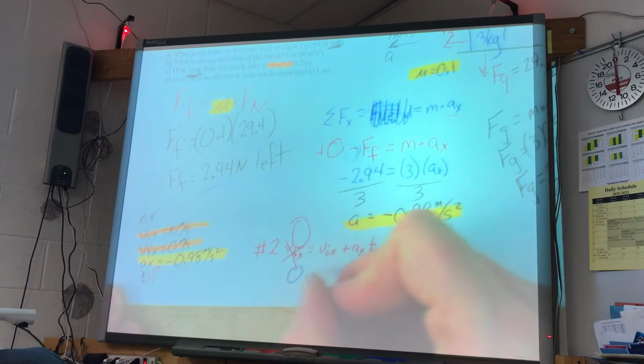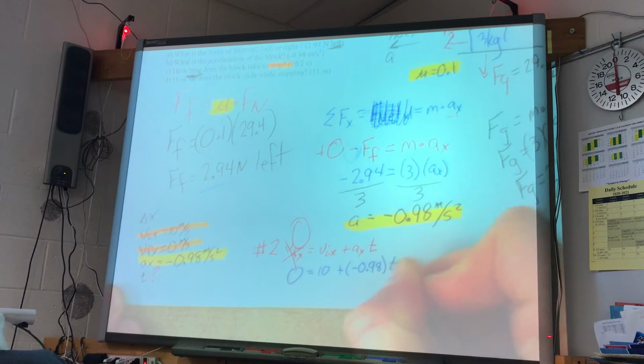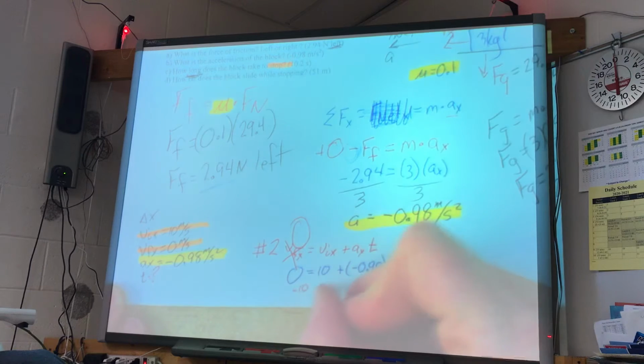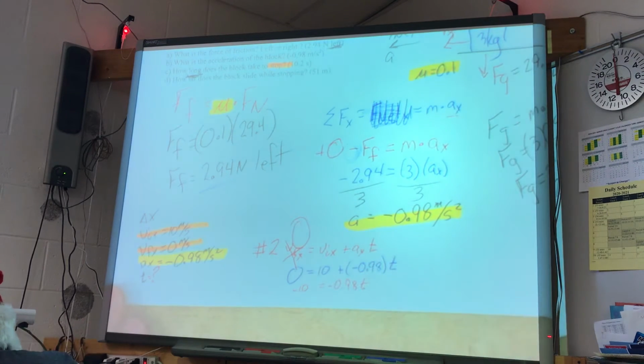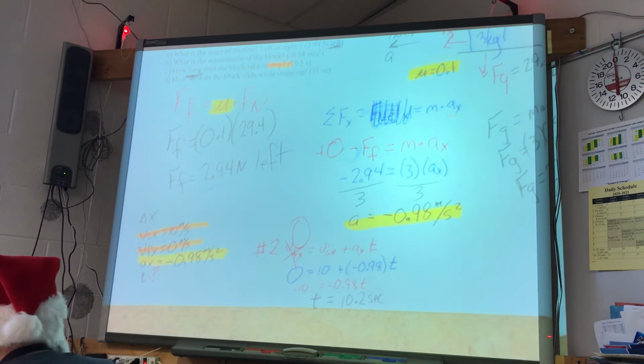Final velocity is 0, so 0 is equal to 10 plus negative 0.98 times t. We have to subtract 10 to the other side, and that's equal to negative 0.98 t. t is equal to 10.2 seconds.